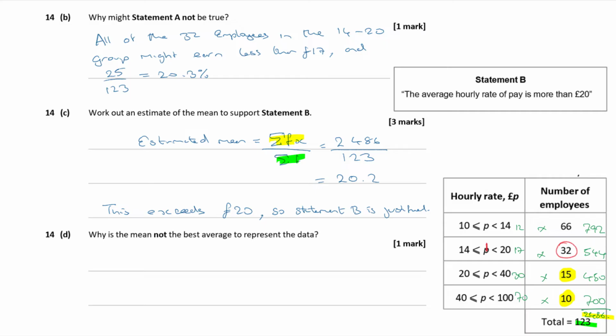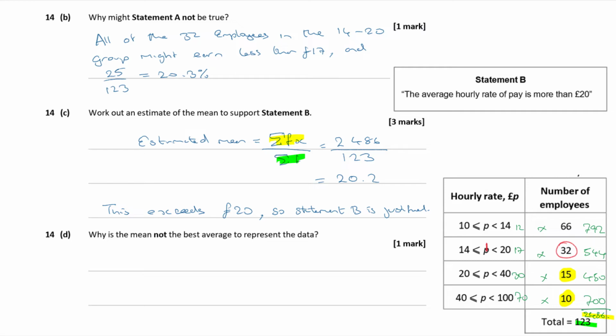You can see the vast majority, 66 and 32, what's that, 98 out of the 123 employees are earning less than £20. Okay, but the mean is pulled up by this much smaller group of 10 managers at the top earning between 40 and £100 an hour. Okay, so yeah, those people are dragging up the mean to the higher value.